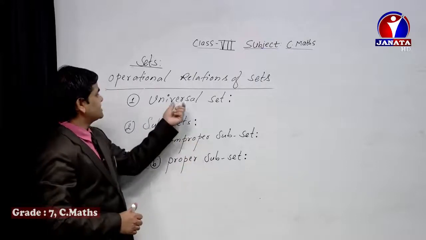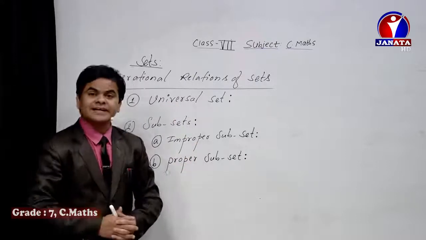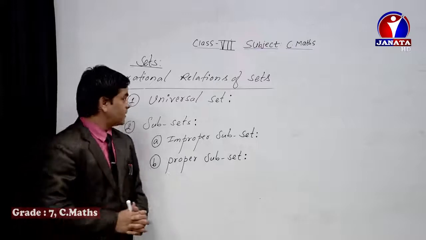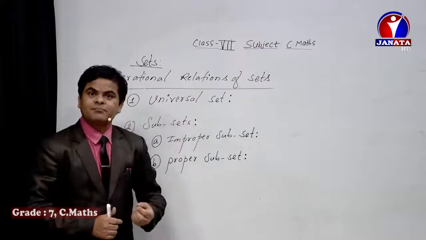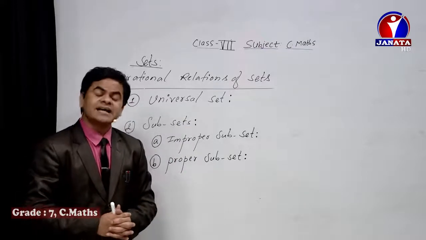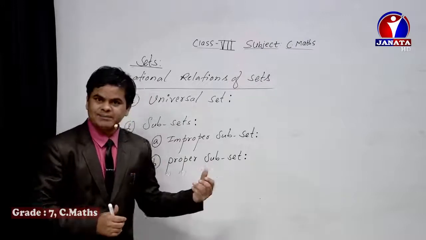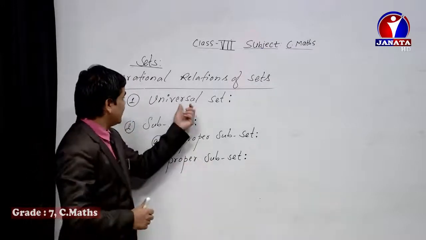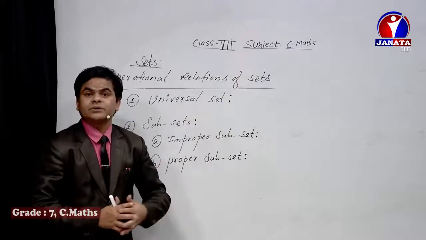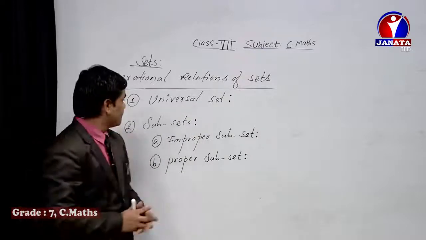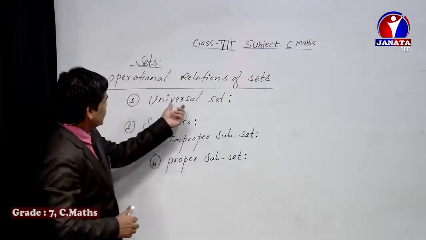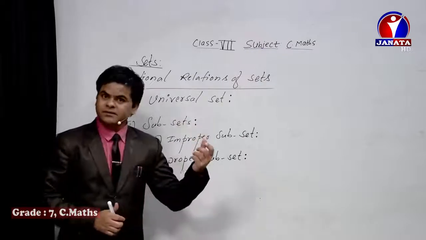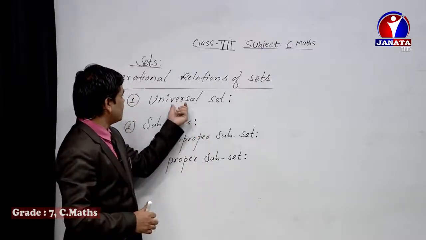So universal set you have already learned in class 6 also, okay? Universal set is the biggest set among all. It has the maximum elements of any set in comparison to its own subsets. Other subsets are prepared under the system of the universal set.